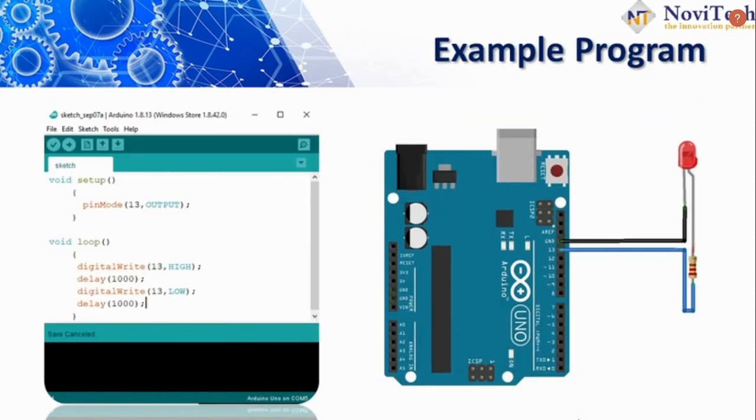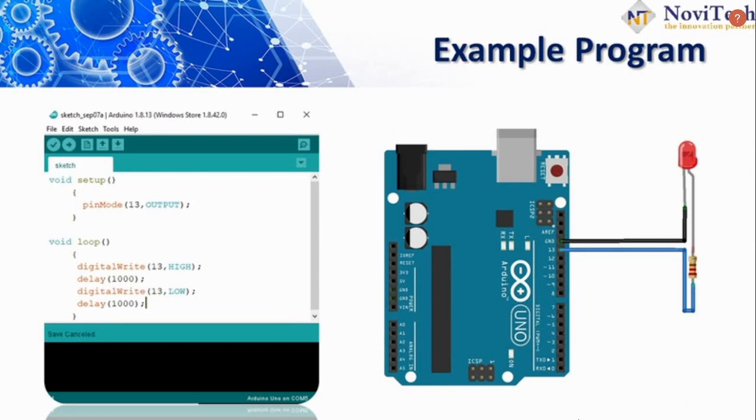Finally, let's end by explaining a simple program to blink the LED. The LED at the end of the board has 2 pins which are cathode and anode. The cathode is connected to the ground supply and anode is connected to the data pins with the help of a resistor.